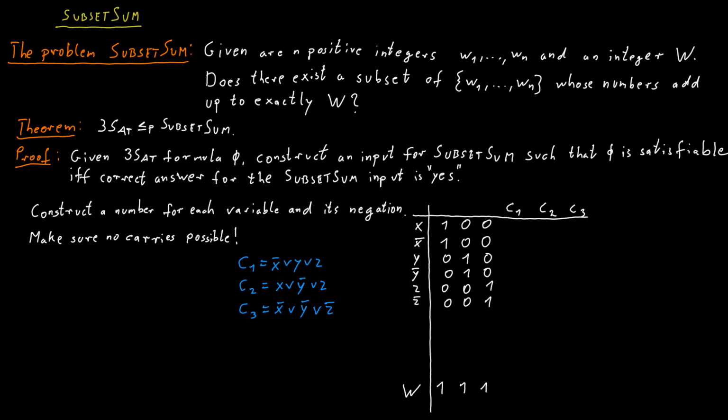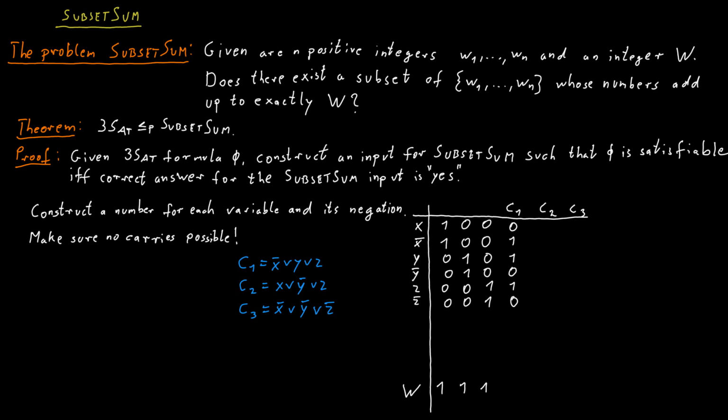And otherwise, if the literal does occur in the clause, we set it to 1. So for the first clause, for example, we have 3 literals, not x, y, and z. So we set the corresponding values to 1, and then set the others to 0.